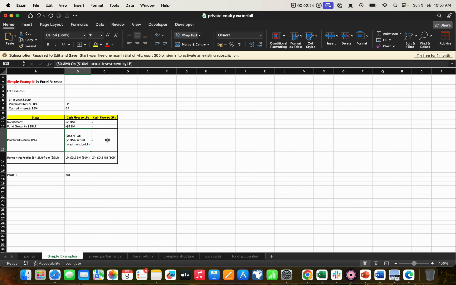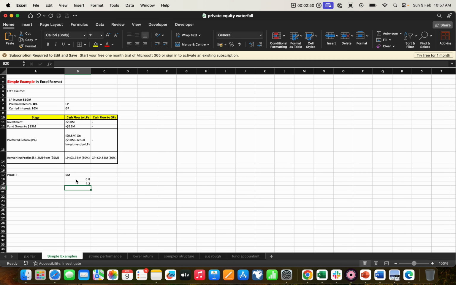So it goes to the LP. Out of the 5 million profit, 0.8 is distributed to the LP as a preferred return. So what is remaining now is 4.2. So 4.2 will be distributed among the LP and GP. So how is it distributed? In an 80:20 ratio.